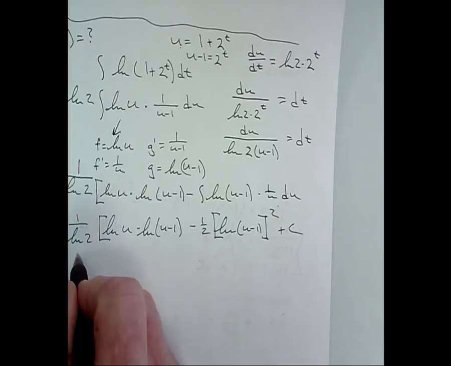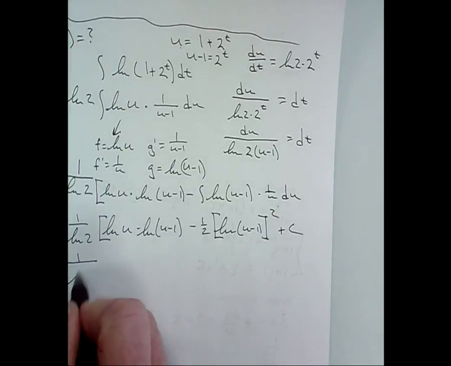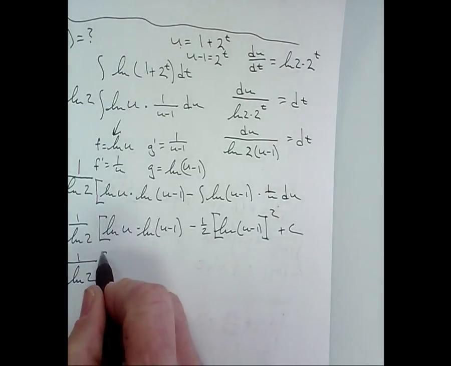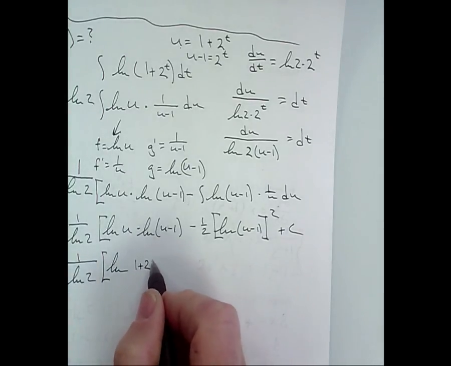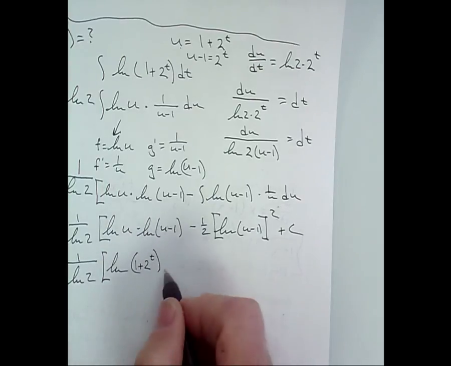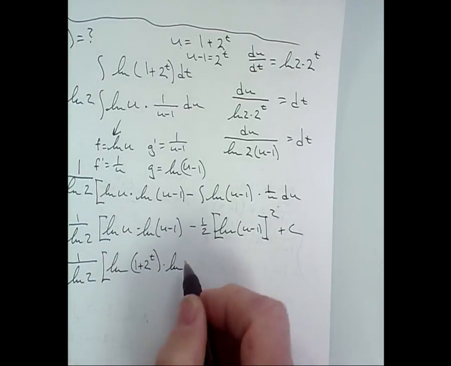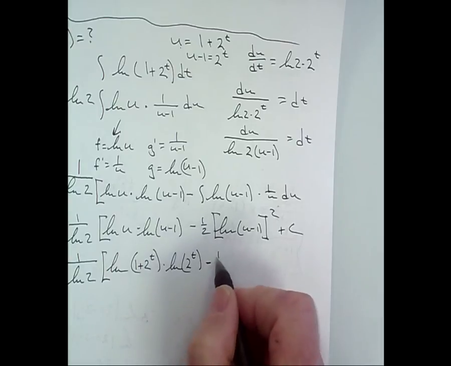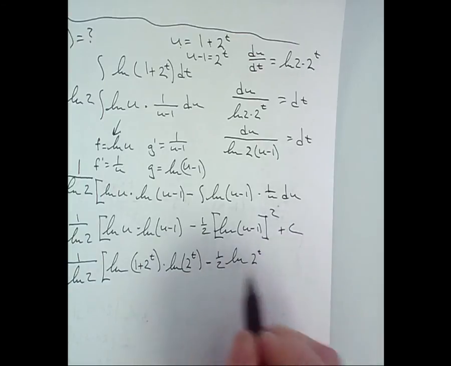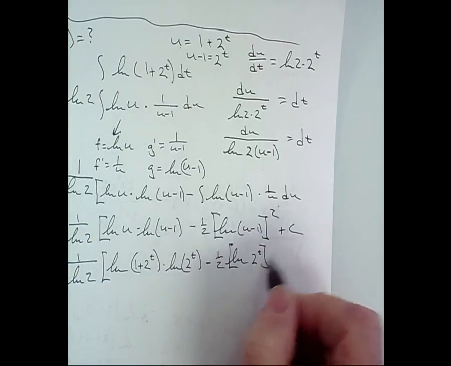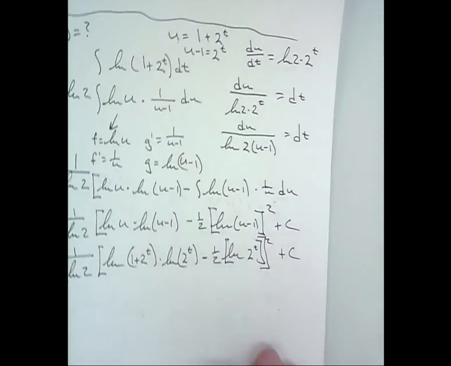And then I replaced u with 1 plus 2 to the t, times the ln of 2 to the t, minus 1/2 the ln of 2 to the t squared plus c.